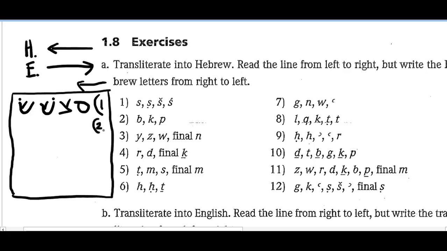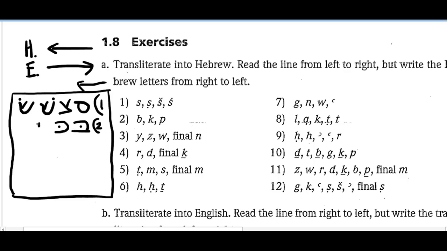Let's take a look at number 2. This is another example. The first English letter is the B. Your first Hebrew letter from the right heading to the left needs to be the B. Did you notice that if you have a begadkepat letter and there's no line, that means in Hebrew plus dot. This kaf is a begadkepat letter, so I write the kaf. There's no line under it, so it needs a dot in Hebrew.